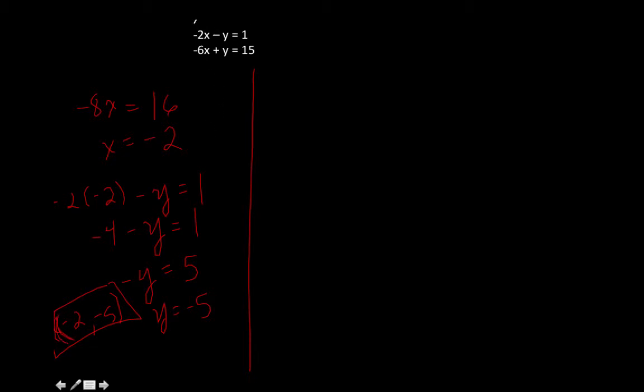Okay, so that's one. And then suppose that I really wanted to eliminate x, because you will have to eliminate in this way that's not quite so straightforward. I just didn't happen to copy any problems like that. So suppose I want to eliminate x. 6 and 2 have a common multiple of 6.